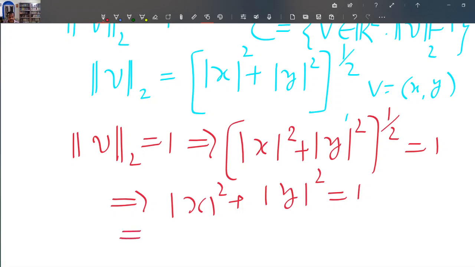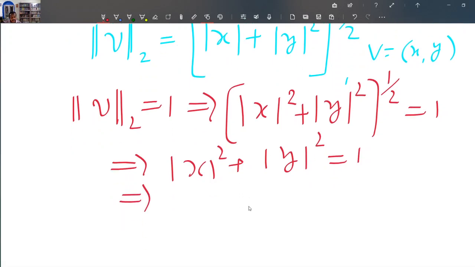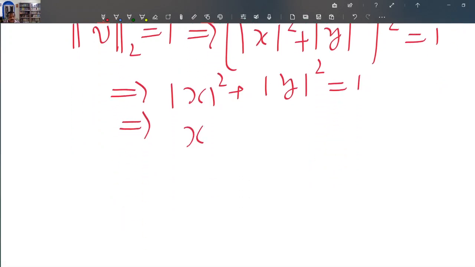Since the square is positive, this is x squared plus y squared equal to 1, which is nothing but the unit circle.